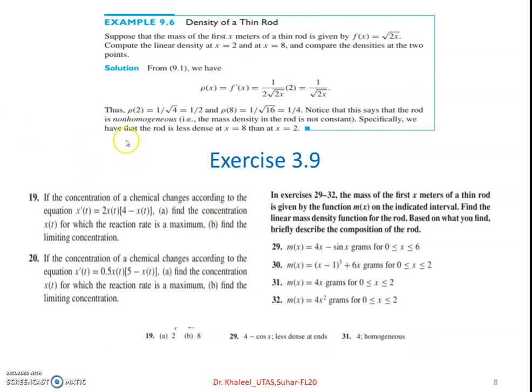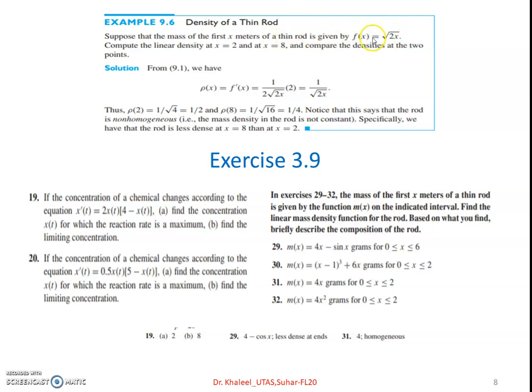An example on density. Note that the rate of change of mass is density. That means if rho is the density and f is the mass, then rho(x) is f'(x). In the example here, the mass of the first x meters of a thin rod is given by this.